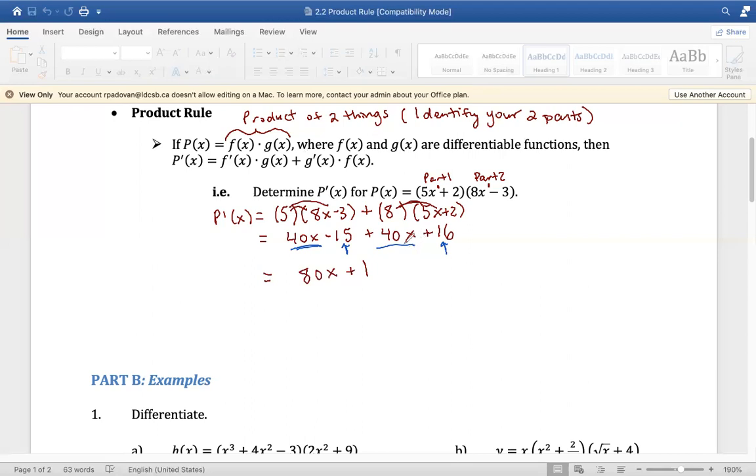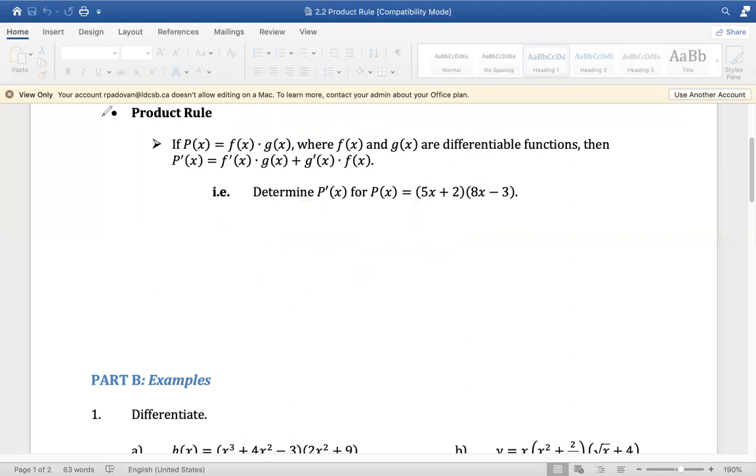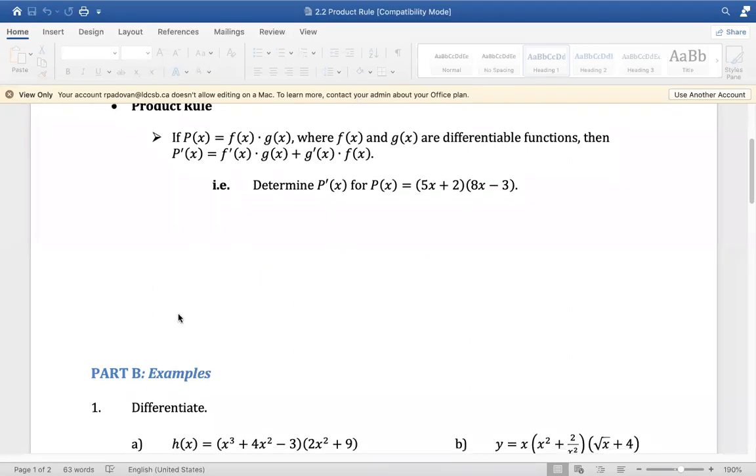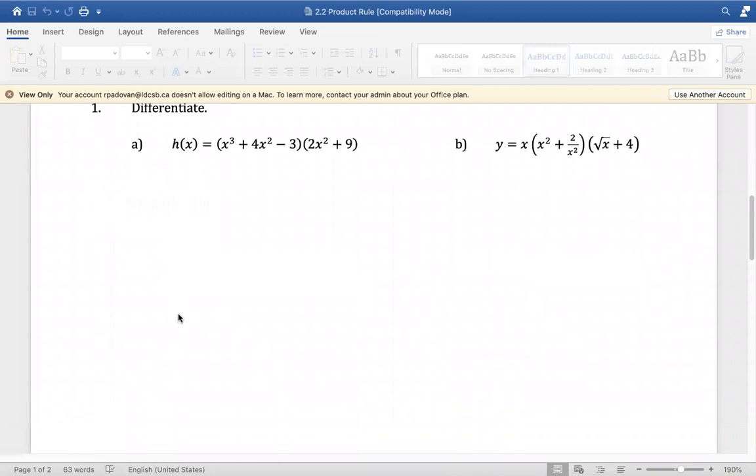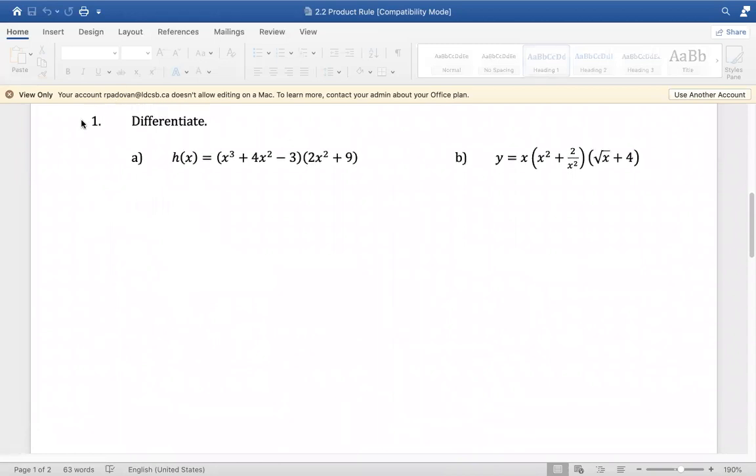So let's continue on here. Differentiate for example 1. So differentiate just means find the derivative, right? So it's just saying get the derivative of whatever the question is.